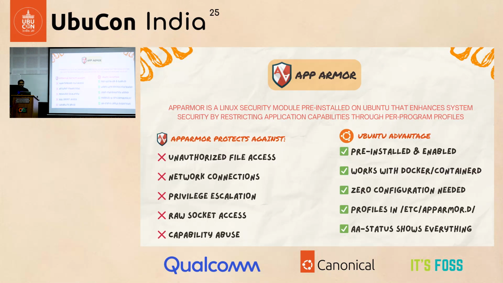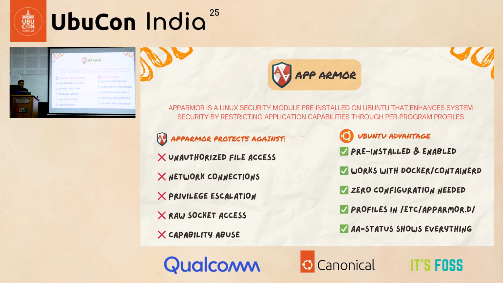It's like Snap packages, which isolate a package in a manner that you're already containerizing it. But AppArmor helps to avoid unauthorized file access, and no kind of privileges is given by default. And apart from that, a lot of benefits are there. So these are the things that you can use.